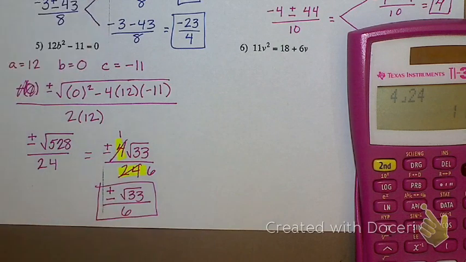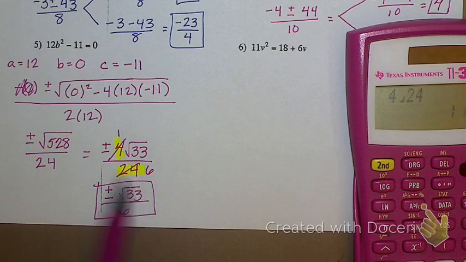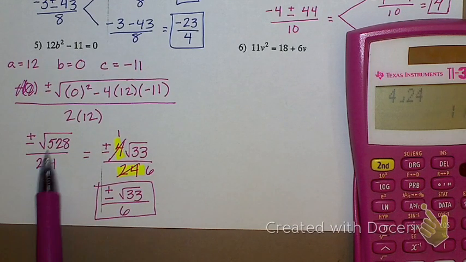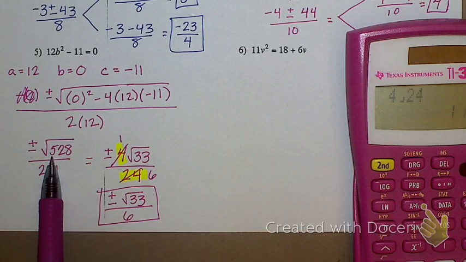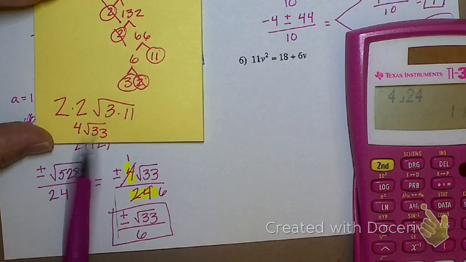over 6. Wait. What? Where did I lose you? Right there, yeah. Okay, you saw how I drew the tree, and how the tree gave me 4 radical 33.